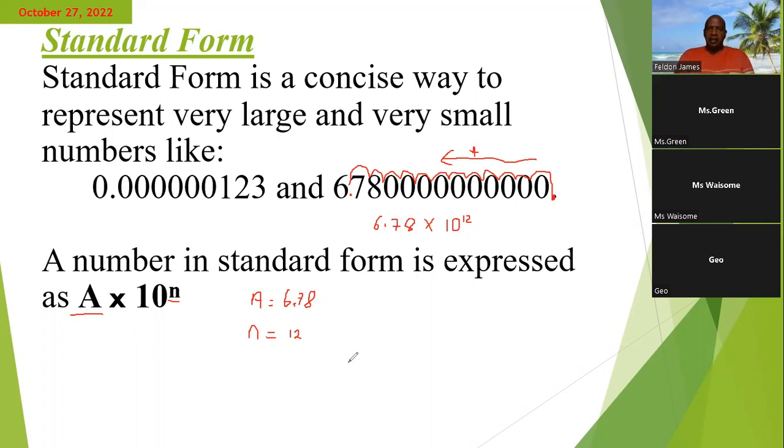So go ahead and write that number in standard form. This is the number we want to write in standard form next. As soon as you finish, raise your hand and let us look at what you have.